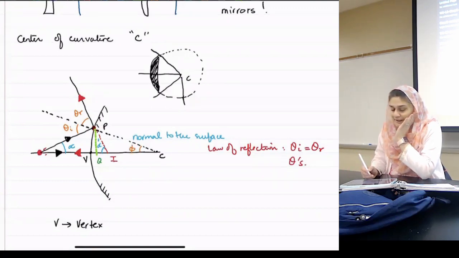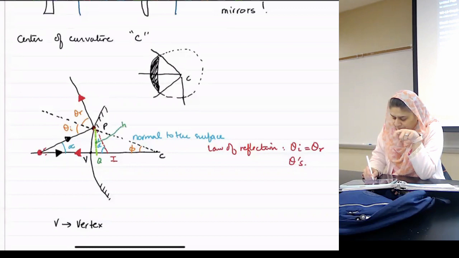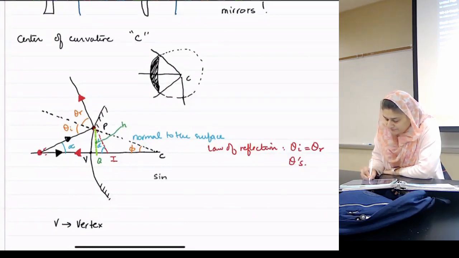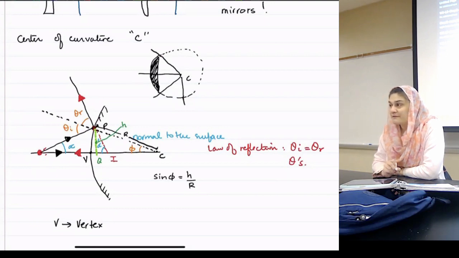Now, if I call the length of the green line H, may I write the following? Sine of phi equals H over R, where R is this distance between C and the surface.